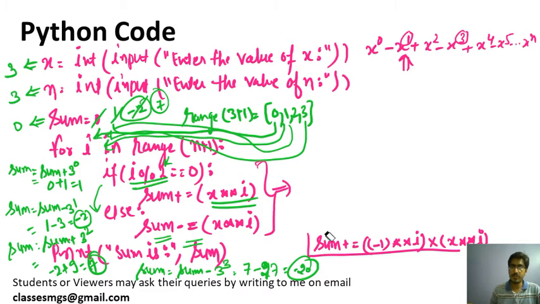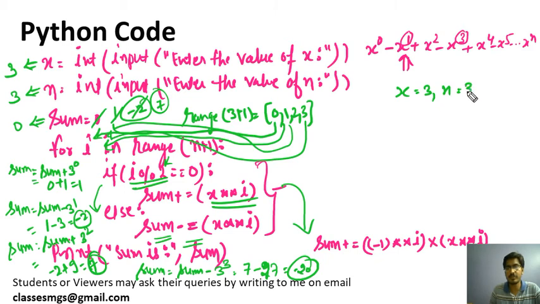Let me try to solve it using this logic. Okay, logic is written here. You can write this same thing instead of this line. Then what will happen? Let's suppose same x equals to 3, n equals to 3. First time I will become 0, 0 value will come here.